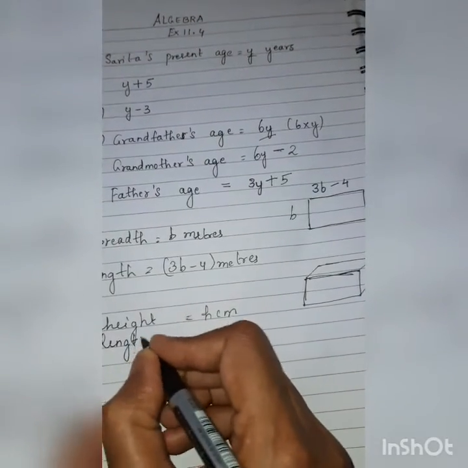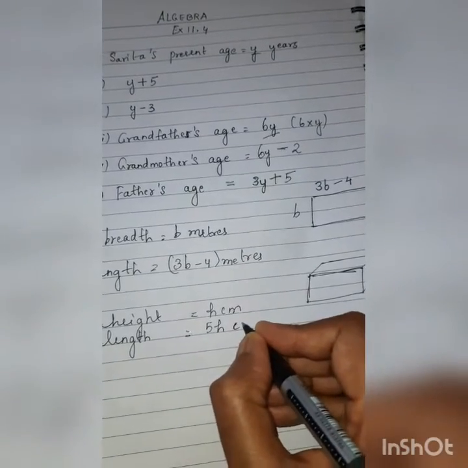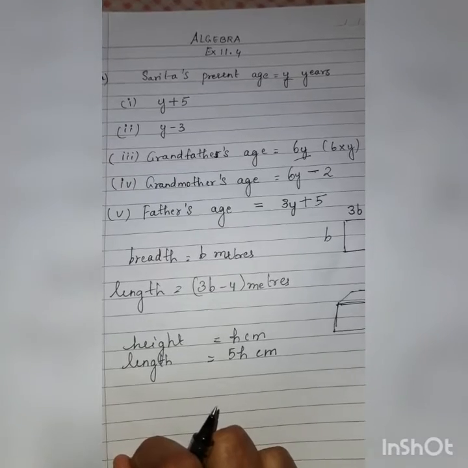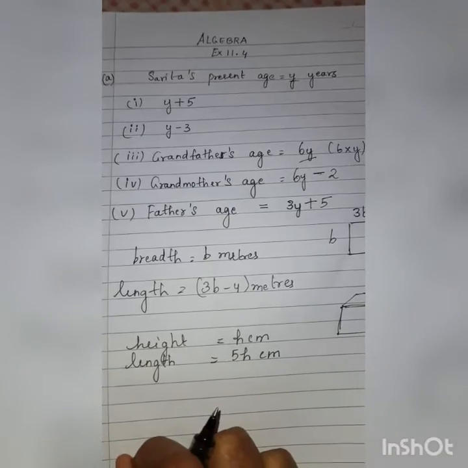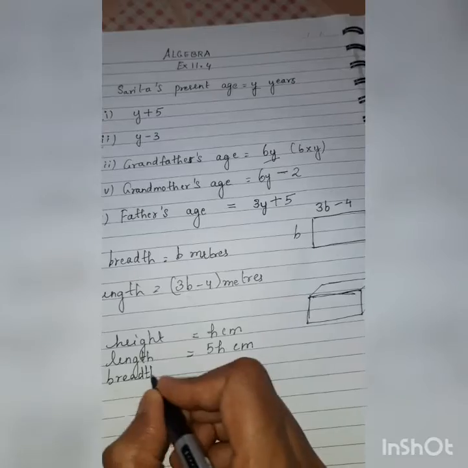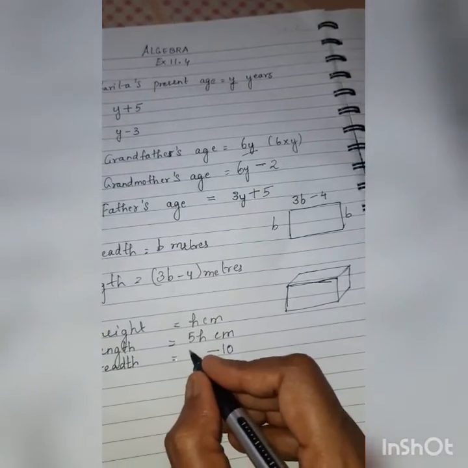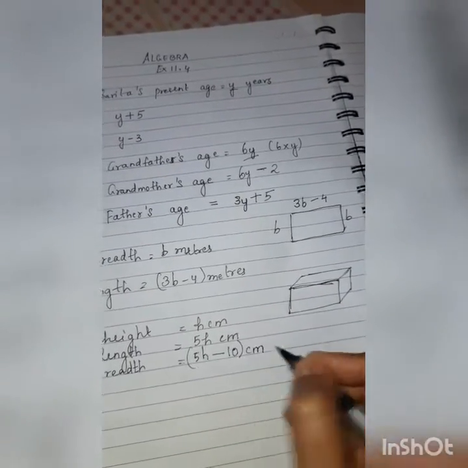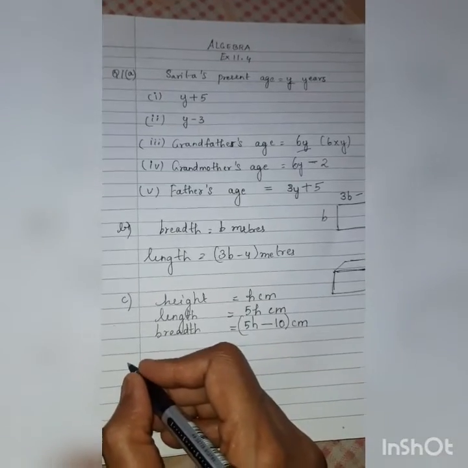So it's going to be 5h centimeter, and the breadth is 10 times less than length. We know the length is 5h centimeter.